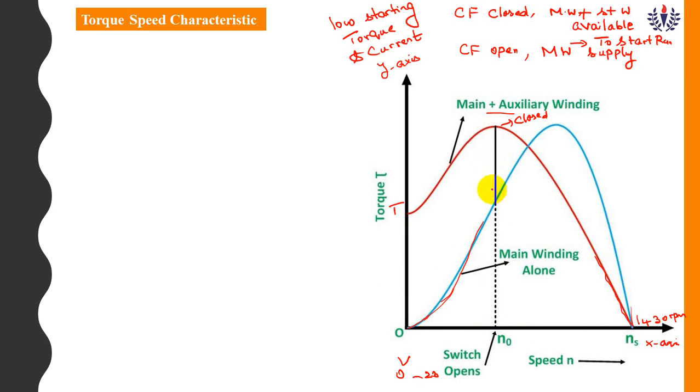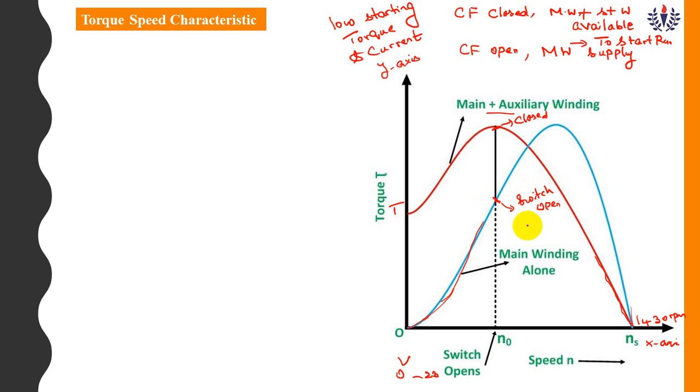The topmost point, the peak point of the red color line, is main plus auxiliary winding. If you draw a line from it, this line will touch a particular point on your main winding line. This point is called switch open.